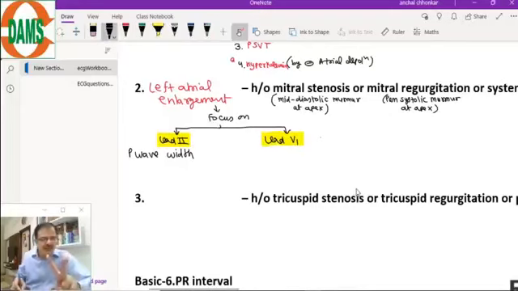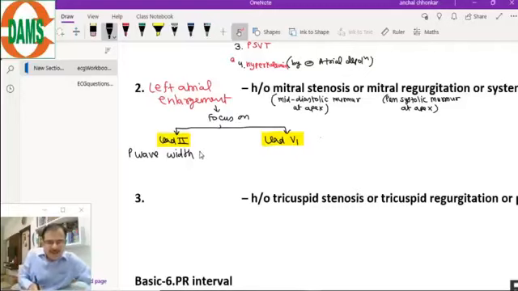These are the two leads that we will be focusing upon. Therefore, in lead 2 we will check for the width. If we are suspecting a left atrial enlargement, we will see the width of the P wave increase.